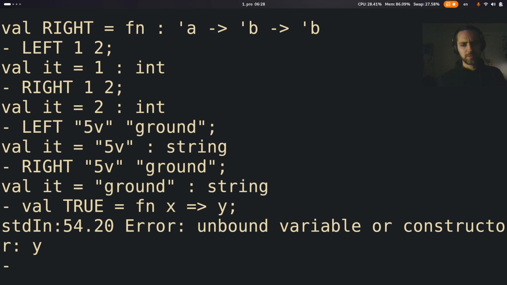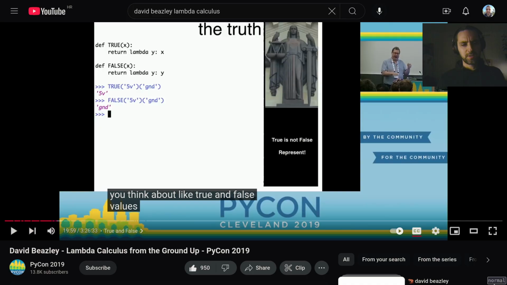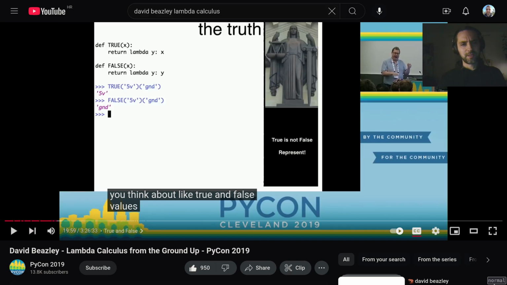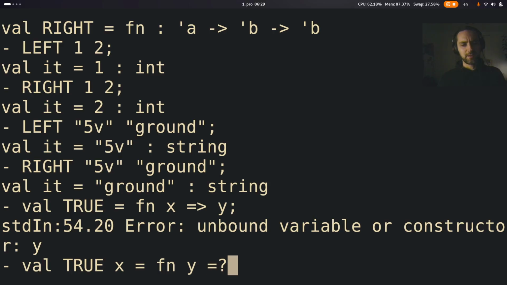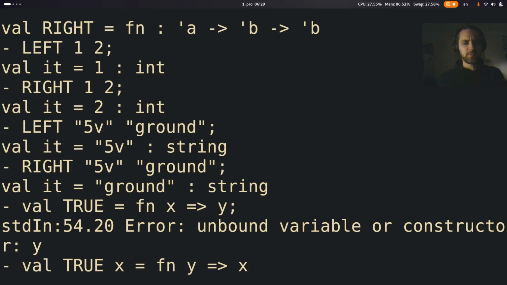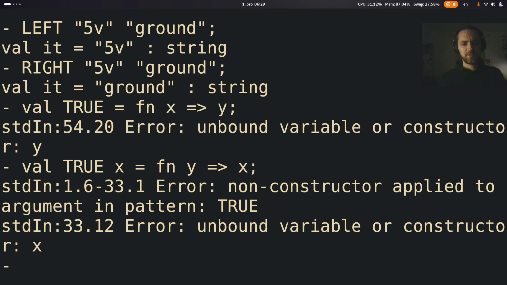No. Unbound variable. But yeah, he's saying val true x equals fn of y. Fn of y x. Will this work? No, right?